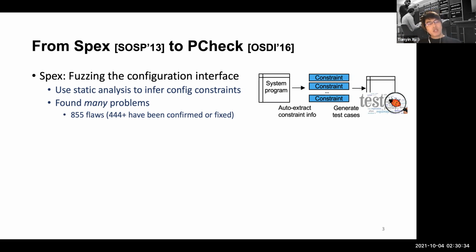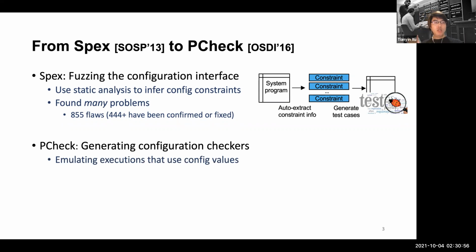After seeing that, we realized the software can hardly anticipate and deal with all kinds of misconfigurations. Later, I worked on a project called PCheck to automatically generate configuration checking code. We call that checking code checkers. The idea is cute.